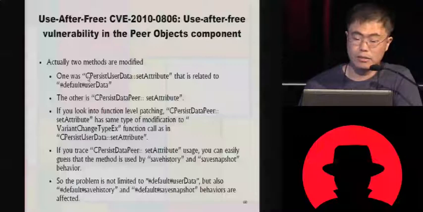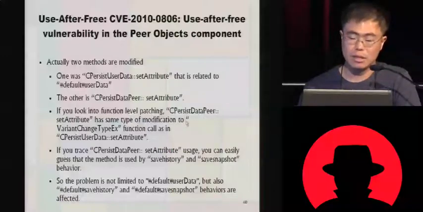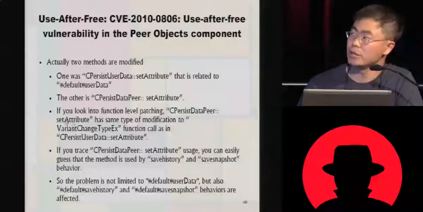if you read here, the original problem was from the CPersistUserData class, same method, set attribute to method, and it's related to default user data behavior. But the fixed one had another class, like a CPersistDataPeer here.